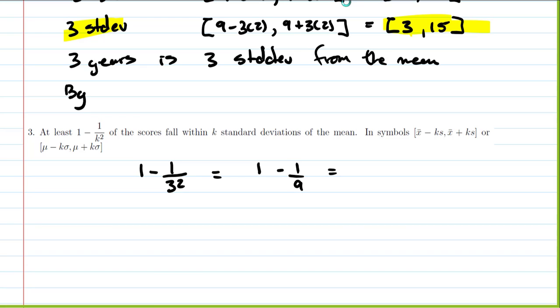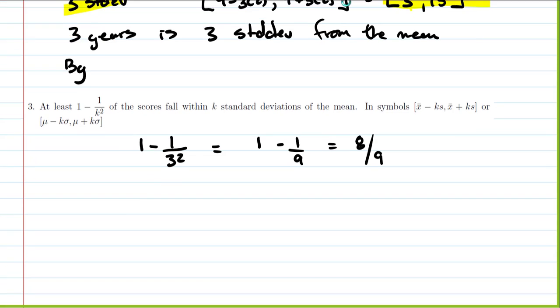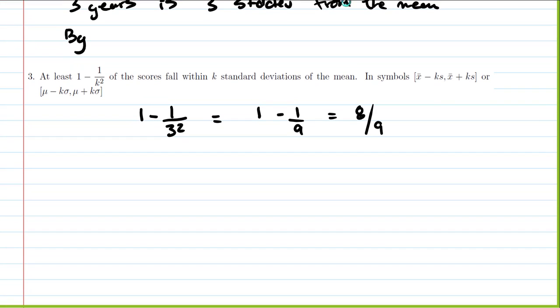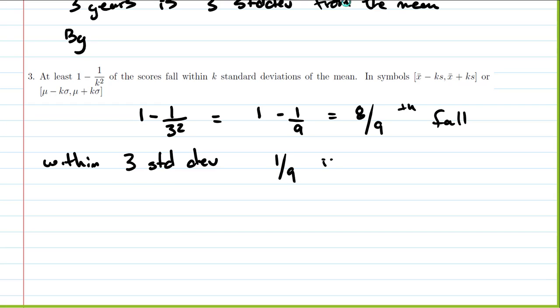So that is 8/9 that fall within 3 standard deviations. So then how much are outside of 3 standard deviations? So then 1/9 is outside.